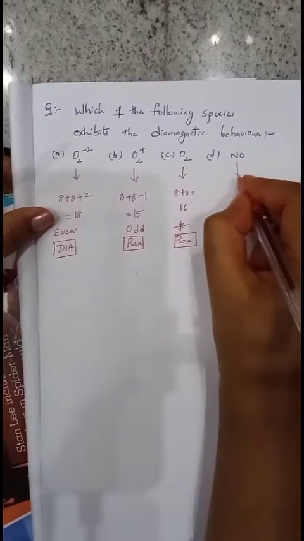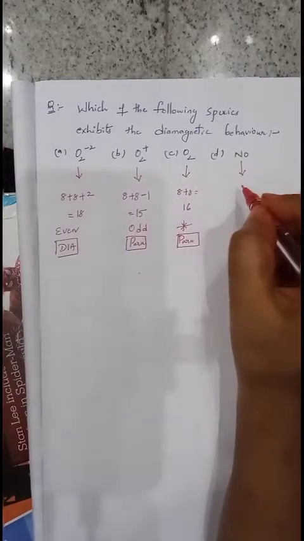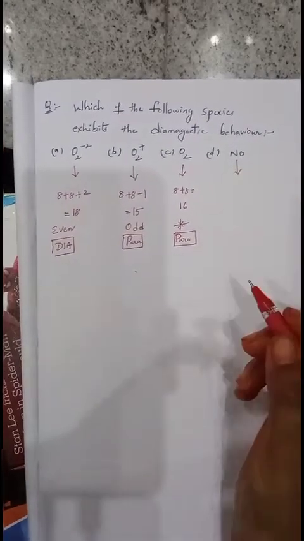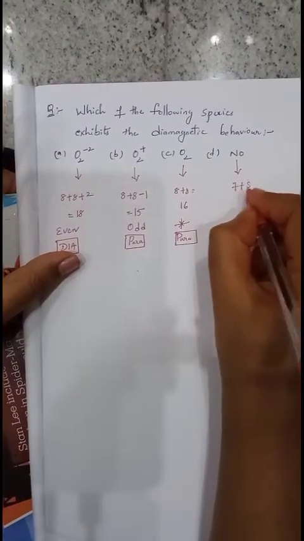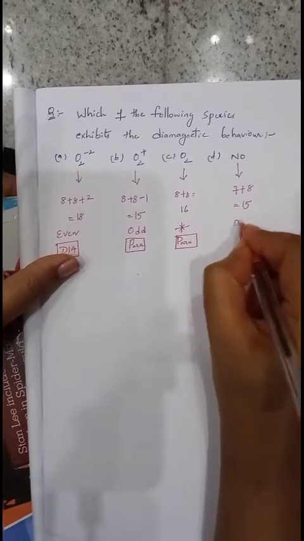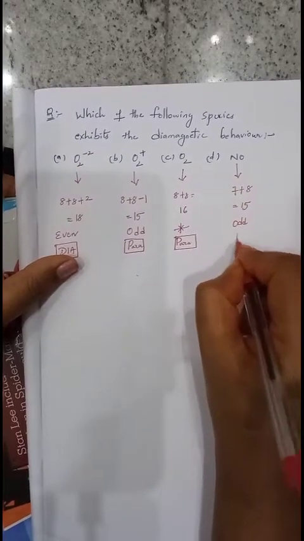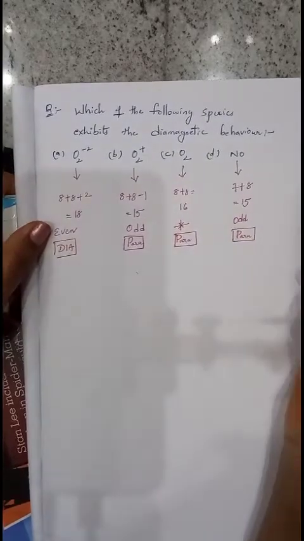Now for this, the total number of electrons in nitrogen is 7. And oxygen contains 8. The total number of electrons is 15. 15 is an odd number. If an odd number of electrons are present, then that is said to be paramagnetic. So what is the question?